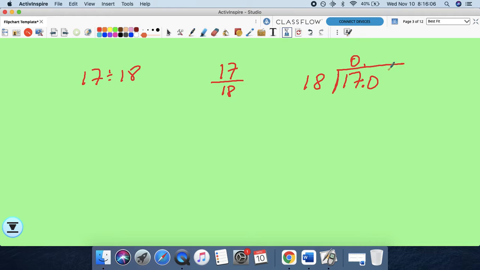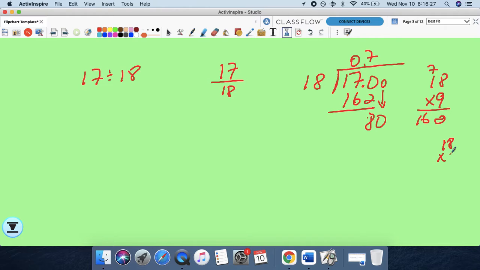I have no idea, let's try 8 times, 64, let's try 9 times. 2 goes 7, 162. 8 left over, I'm going to bring 0 down, and that's going to be 4, which is 72.